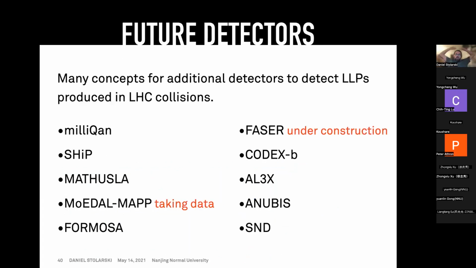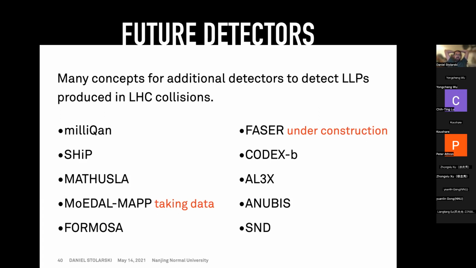All right, so another topic is this idea of future detectors. The LHC, of course, has ATLAS, CMS, LHCb, various others. But this idea of long-lived particles means that if you put detectors further away from the LHC interaction point, maybe you can discover these long-lived particles with dedicated detectors.